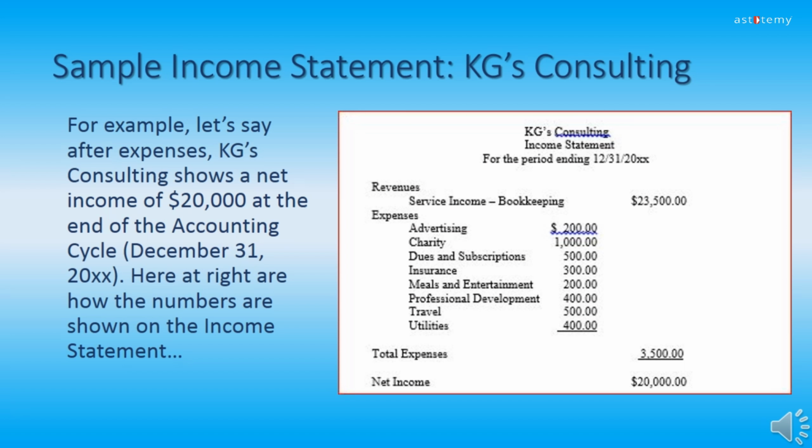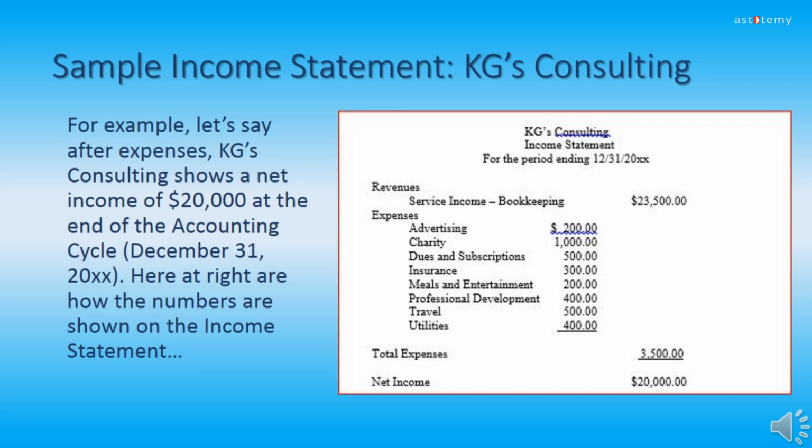Here in our slide, we show a sample income statement for KG's Consulting. For example, let's say that after expenses, KG's Consulting shows a net income of $20,000 at the end of the accounting cycle, which ends December 31st, 20XX. Here at right are how the numbers are shown on the income statement.